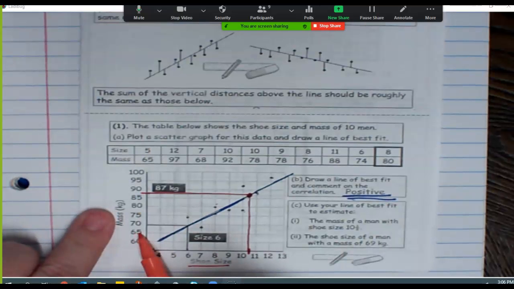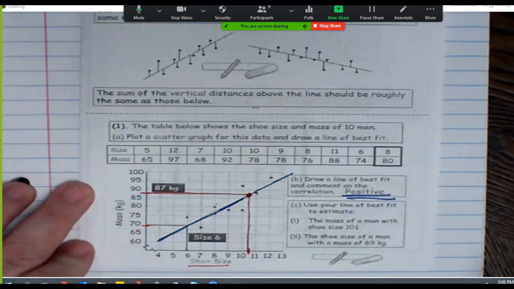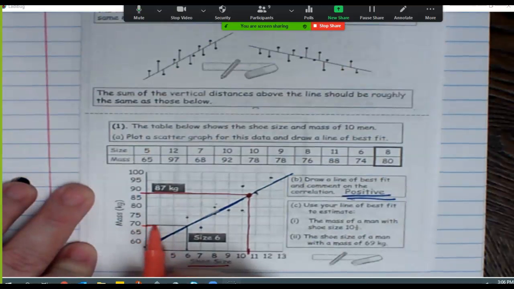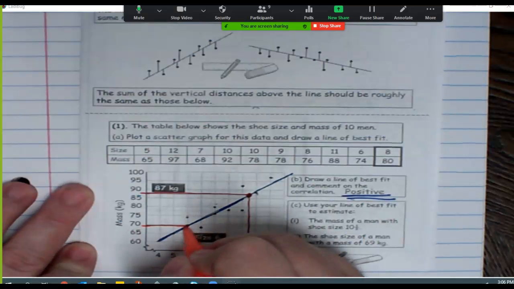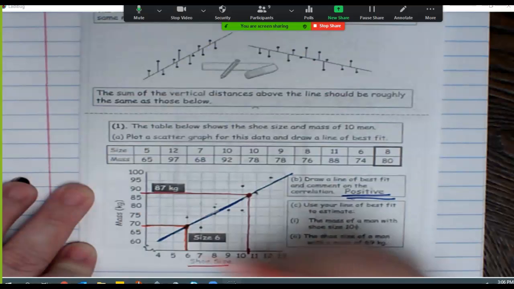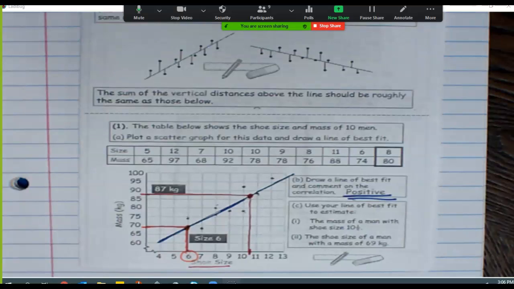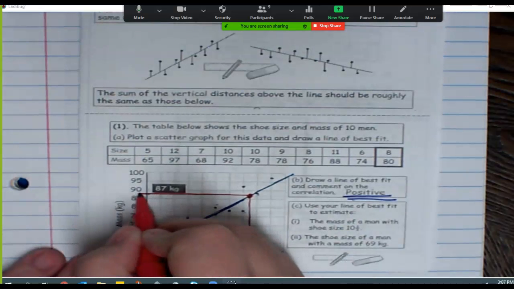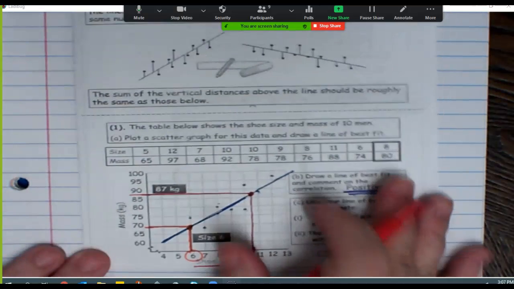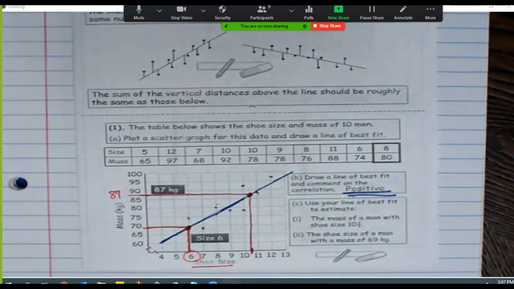Well, here's 65 and here's 70. 69 is going to be really close to 70, right below it. So you follow it. If I were to put a dot on that trend line, what shoe size does it correlate with? 6. Shoe size of 6. So that was about 87. The shoe size was about 6.